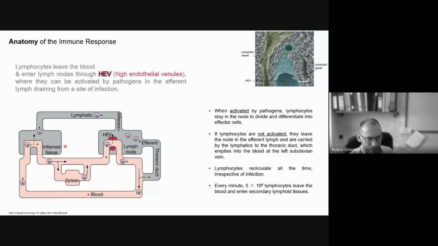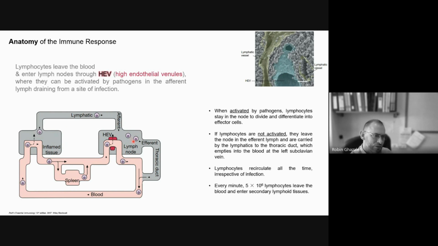So the dendritic cells are waiting here, sampling all possible infections, and then carrying the pieces of microbe to the lymph node. If a recognition happens, then that T or that B cell becomes activated.